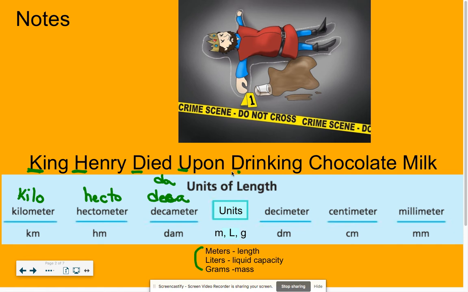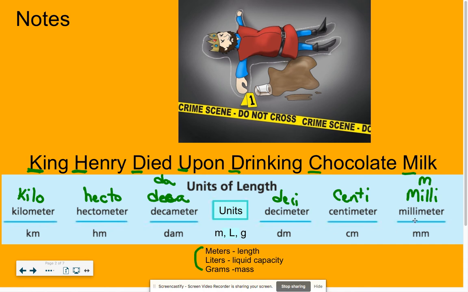Our next one, drink, is the D for deci. And then we have chocolate, which is centi. And we have milk, which is our milli. Now, a lot of people will get confused because milli is an M, and so is meters.